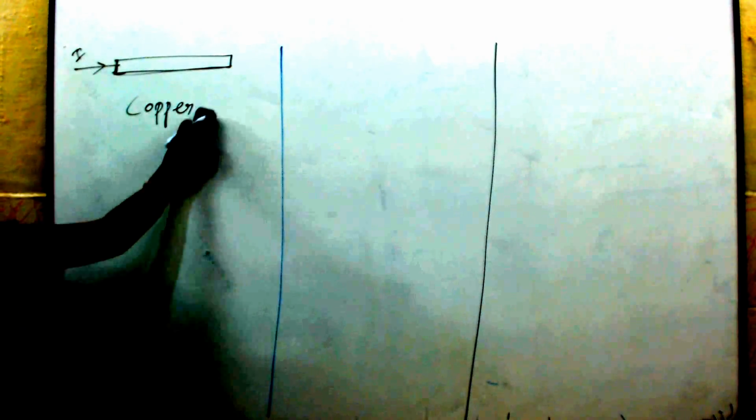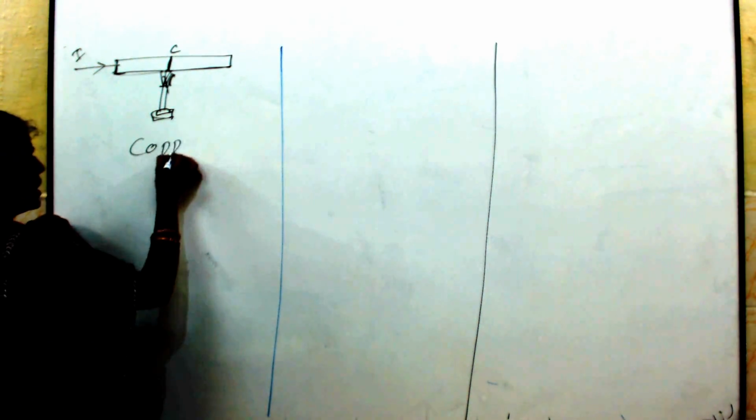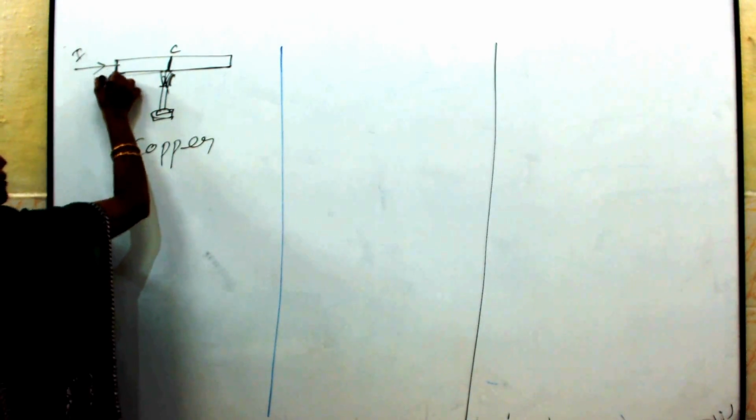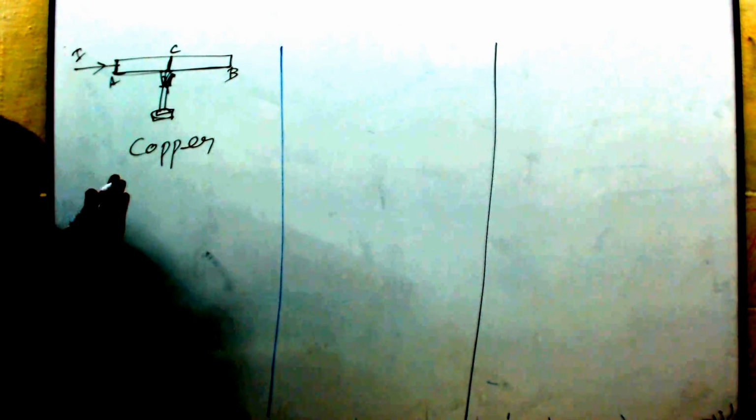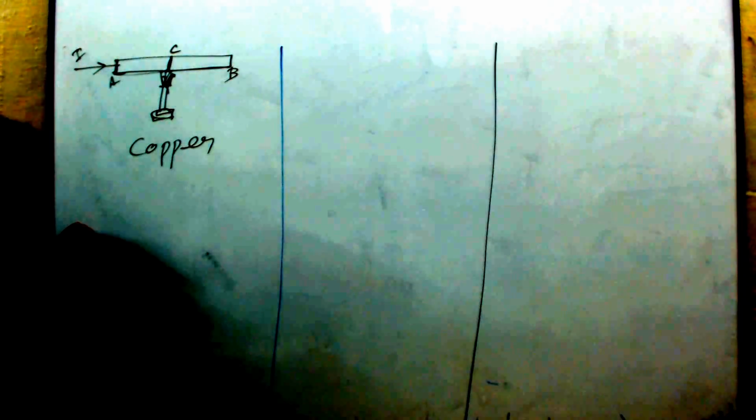Here, at the center, this is the center of this metal. This one I am going to heat using a Bunsen burner. I am going to heat this metal at the center point C. So I have taken copper as the metal. Let I be the current flowing through this metal AB. Let C be its midpoint. Here I am going to heat the conductor.